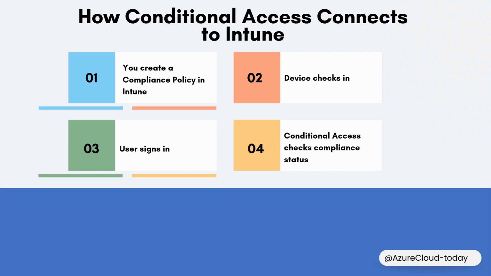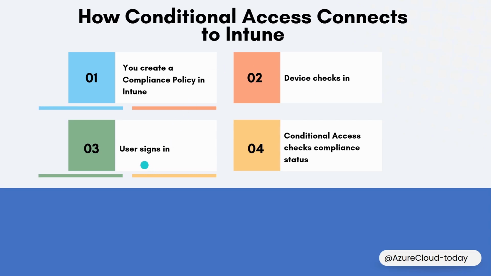Let's look at how conditional access connects to Microsoft Intune. Over here, an admin would create a compliance policy in Microsoft Intune. A device then checks in and Intune does the evaluation against the policy, maybe a minimum OS version check. Intune then reports to Entra ID if a device is compliant or non-compliant.